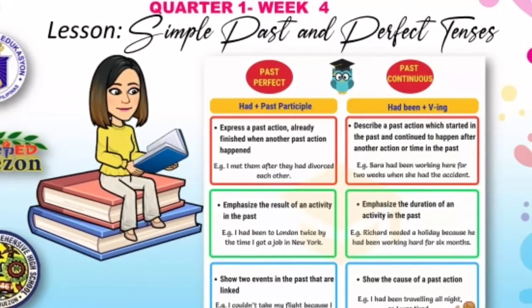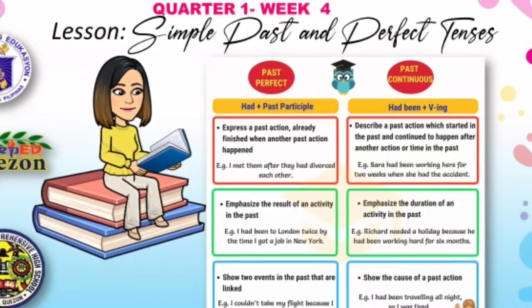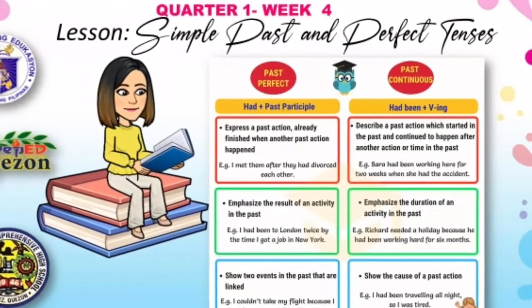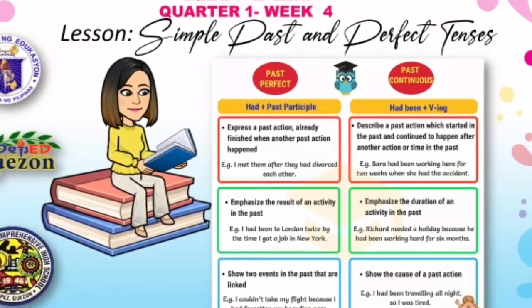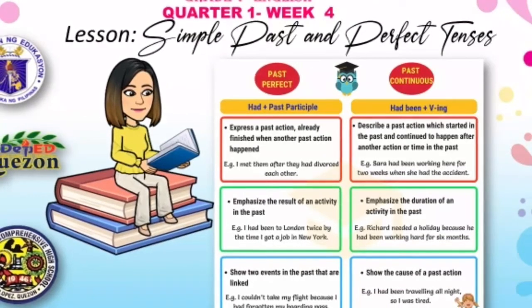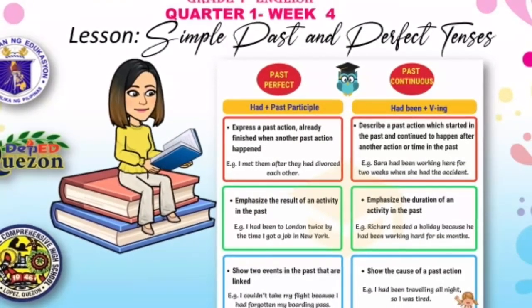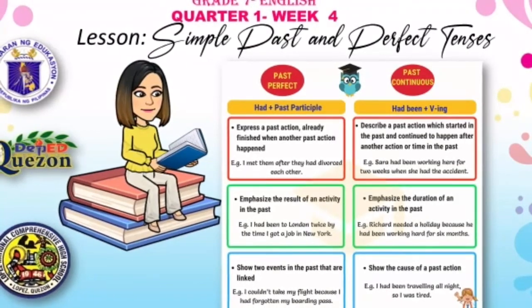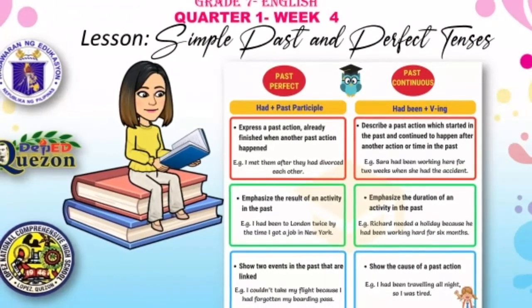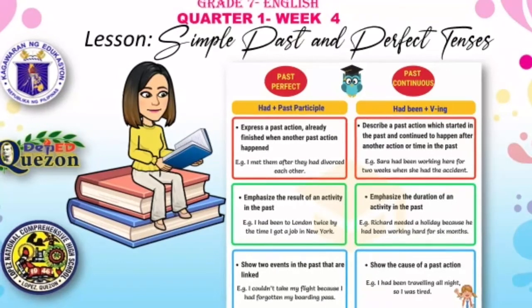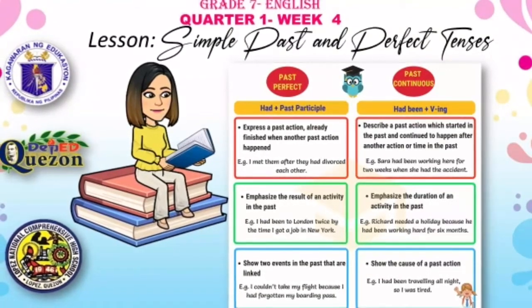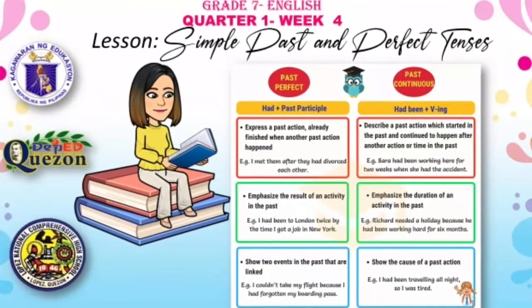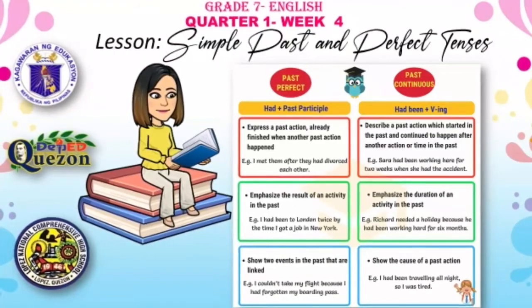It also emphasizes the duration of an activity in the past. Example, Richard needed a holiday because he had been working hard for 6 months. And the last one is to show the cause of a past action. Example, I had been traveling all night so I was tired.